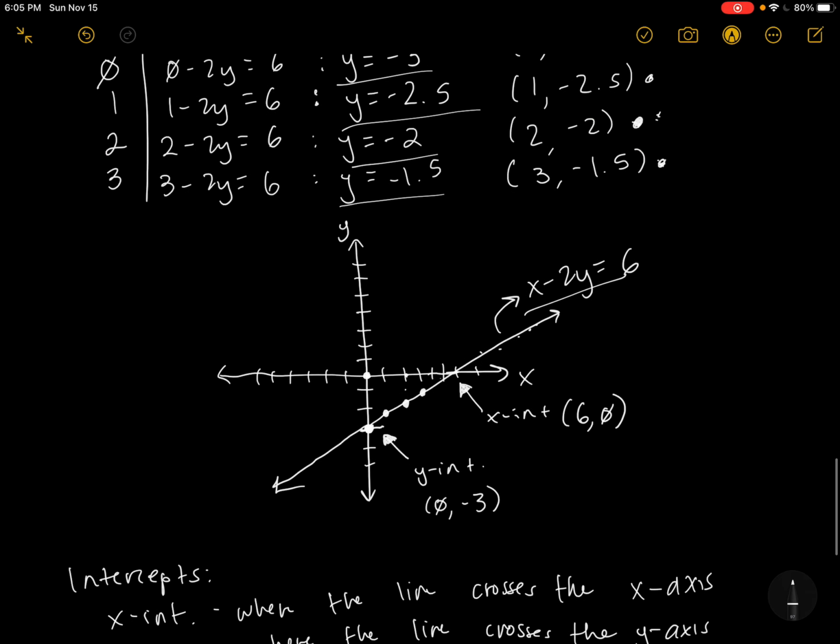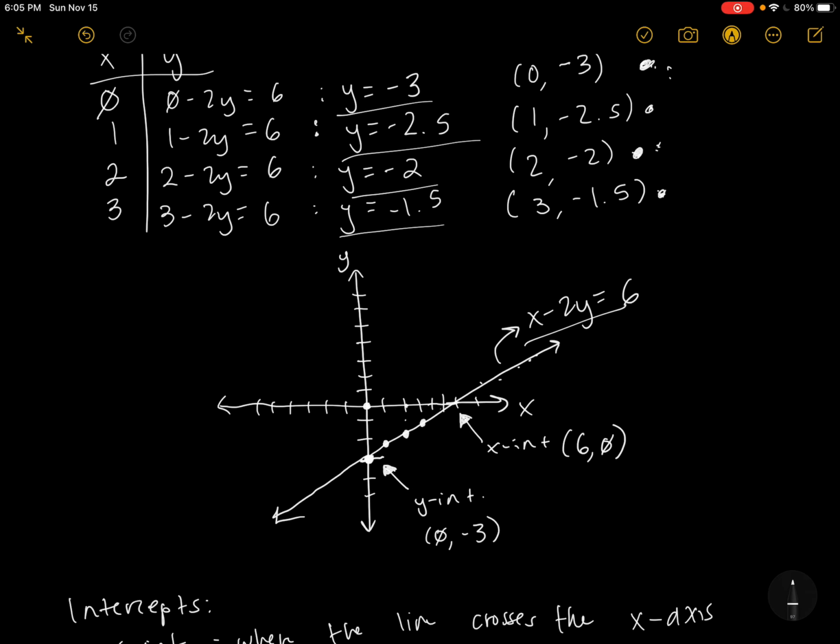If we really think about it in terms of the graph, the Y-intercept is where X equals 0. Because in order for our line to be on the Y-axis, X has to be 0. If X is 1, then we're on this plane.